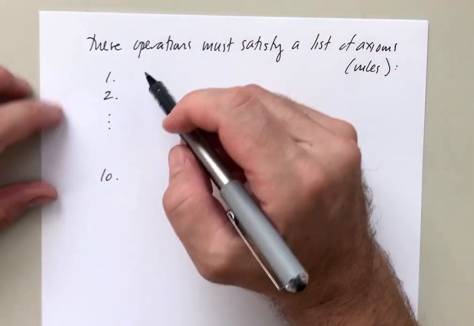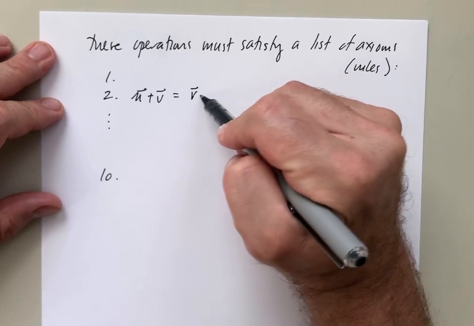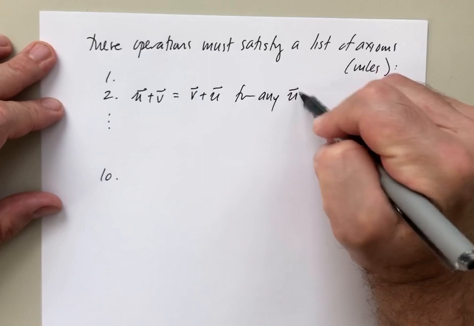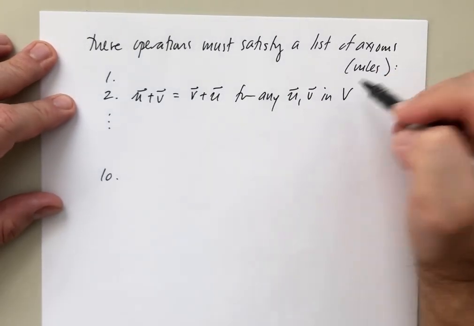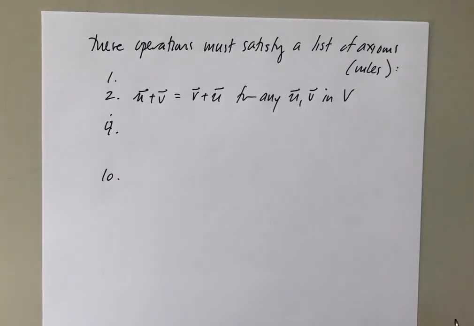For instance, the second rule says that if I take u plus v, this should always be v plus u, no matter what you take. So this is for any u, v in your world. But I want to emphasize number 4. Number 4 is an important one.